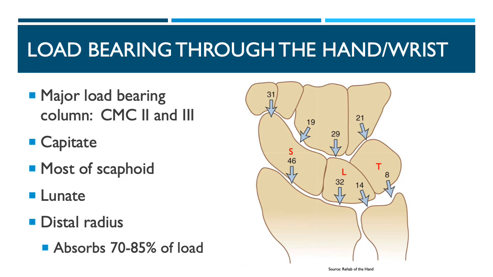The forces eventually get dispersed in the forearm through the interosseous membrane, so by the time you get to the PRUJ, or the proximal radial ulnar joint, 80% is through the ulna and 20% goes through the radius. So what that means is these are the most commonly fractured bones, the ones that you'll see listed here. The scaphoid, lunate, and the radius are the most commonly fractured of our wrist bones.